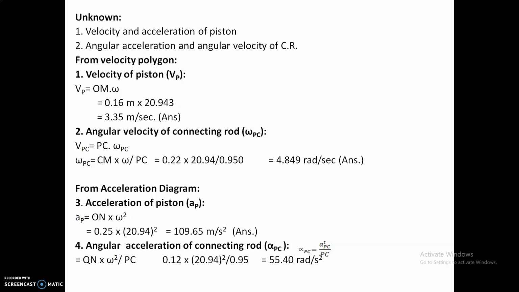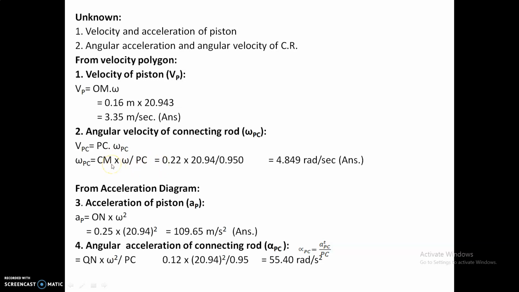So omega of PC is equal to velocity of PC divided by length of PC. But again by Klein's formula, the velocity of PC we can write as the length of CM into omega, so CM into omega divided by length of CP.